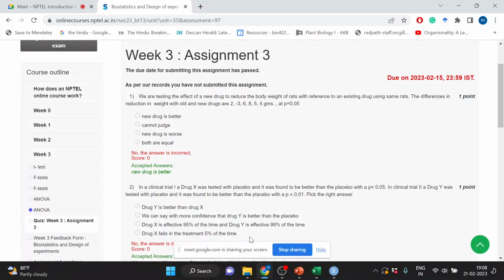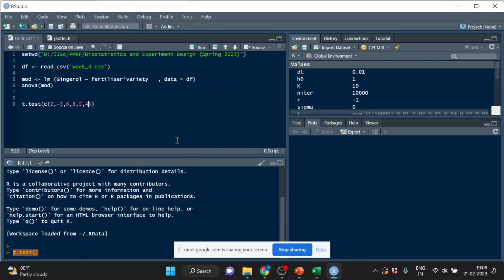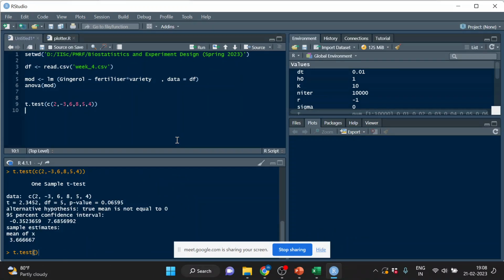So the t value is 2.34. That's very simple. The p-value is 0.06. So both are equal.